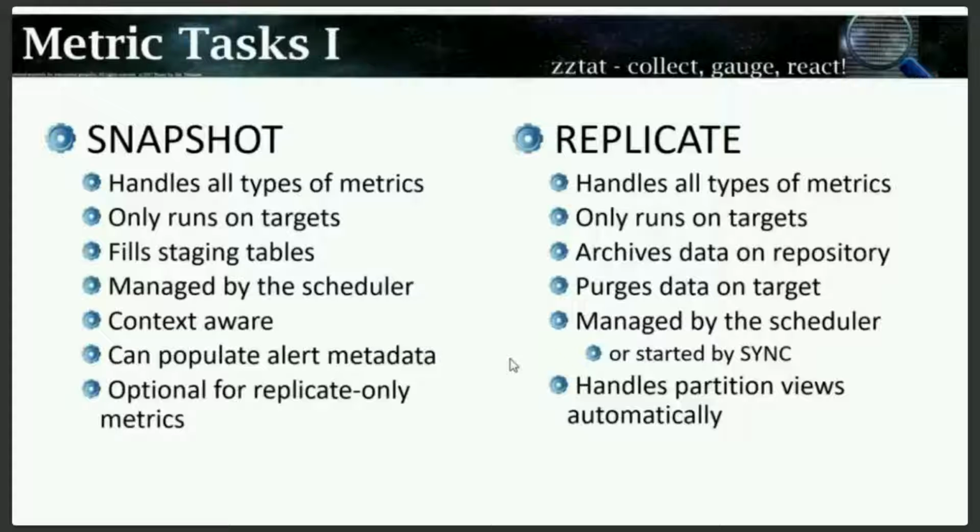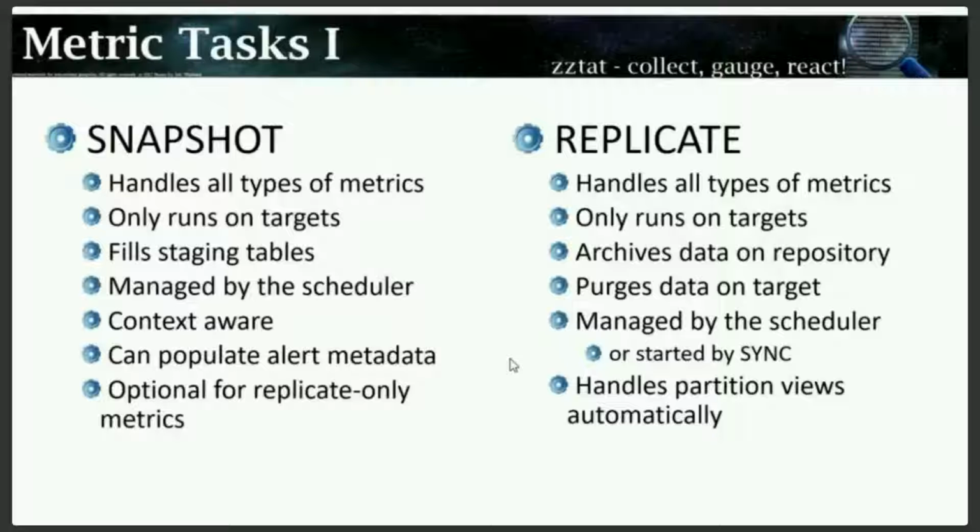For example, when it detects latch contentions, it can do additional data collection. So it can take some high-speed samples of your latching data, which is also done just through another metric. So the reactions have the ability to, based on the alert, then trigger additional metrics.